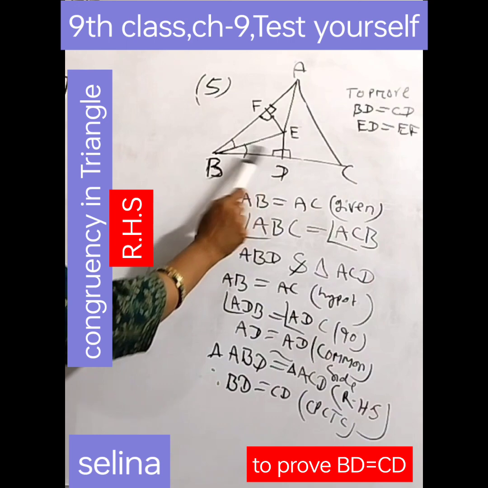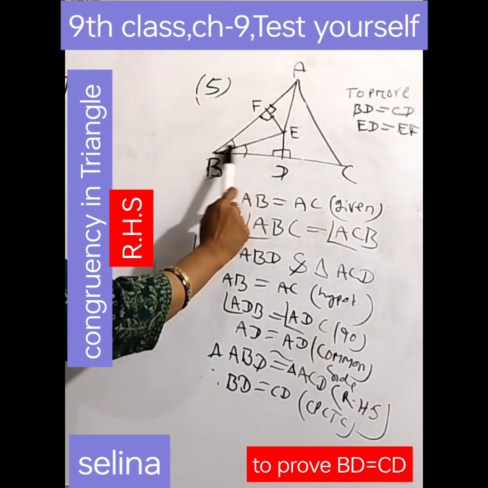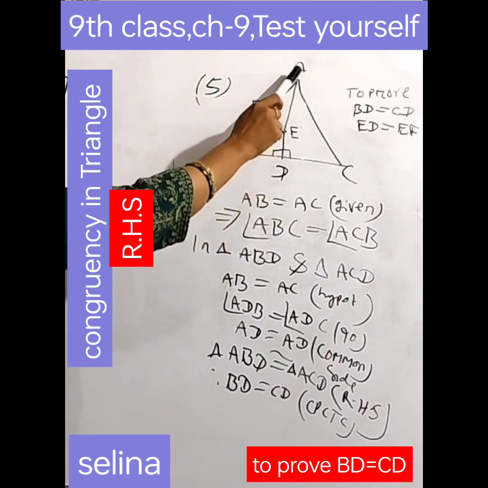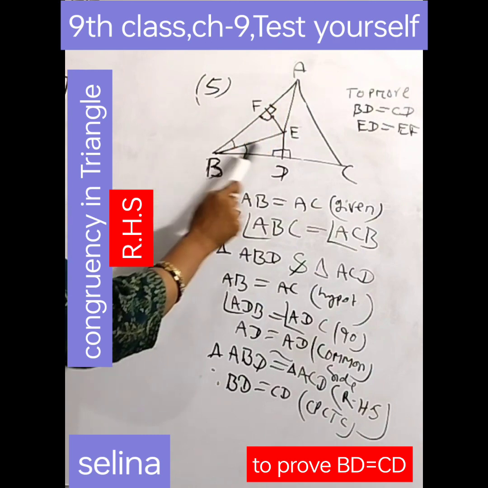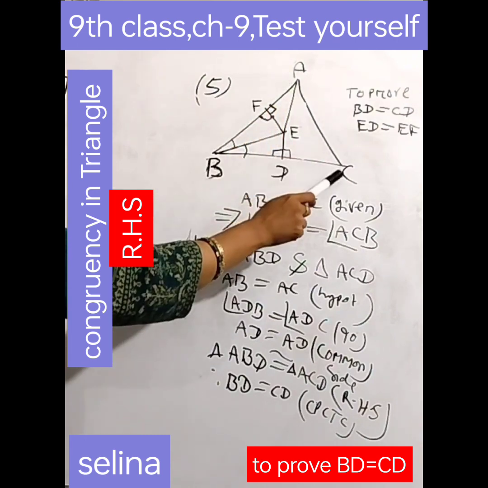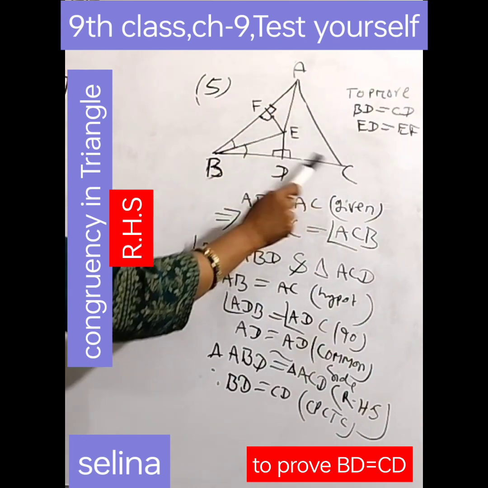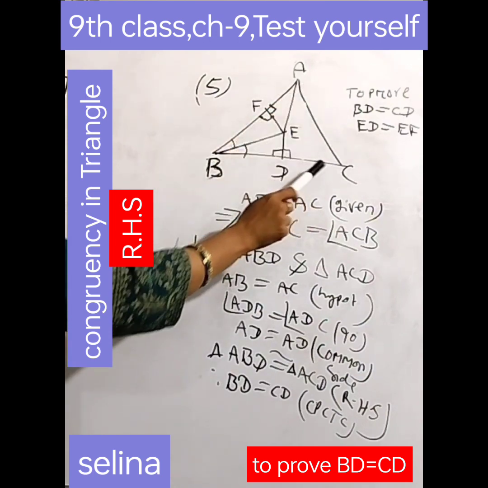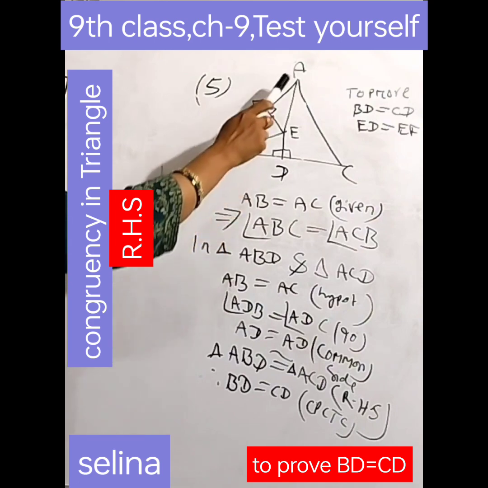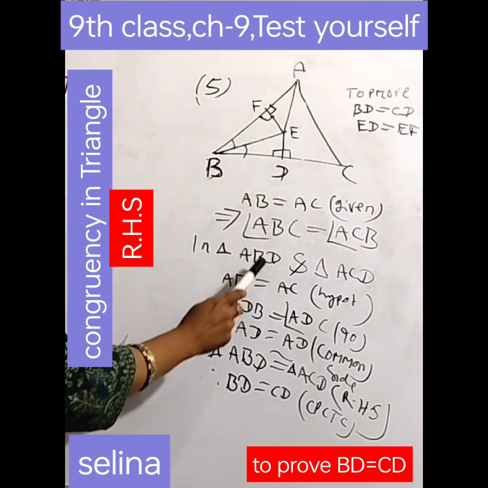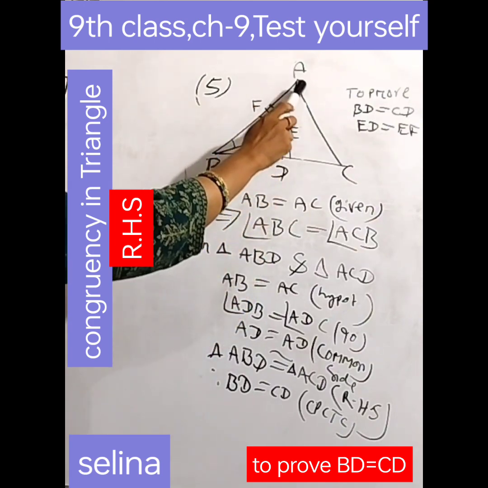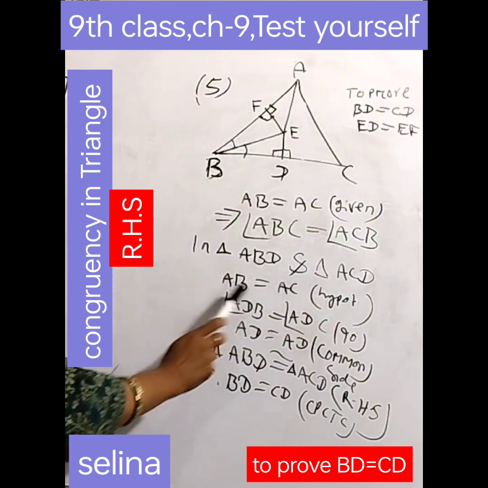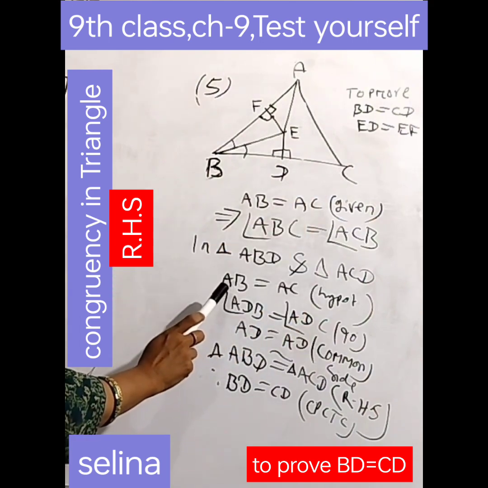Now, BD comes in triangle ABD and CD comes in triangle ACD. So take triangle ABD and triangle ACD. In triangle ABD and triangle ACD, what is equal?